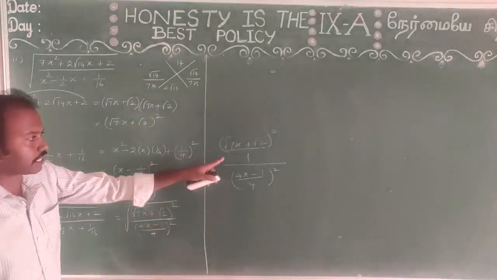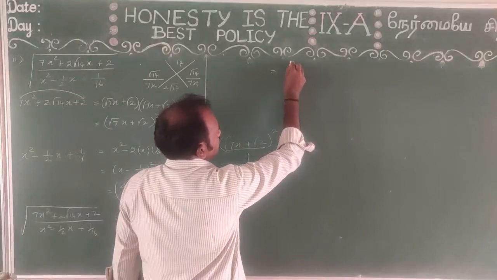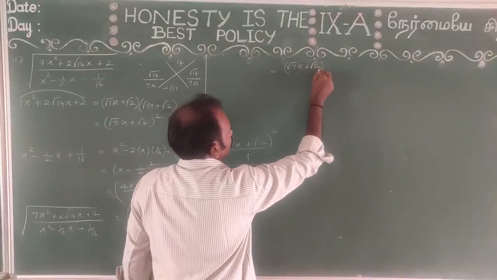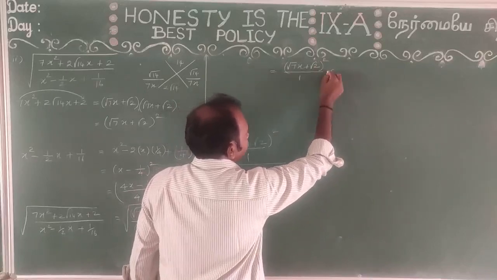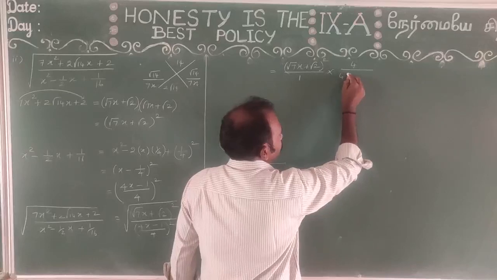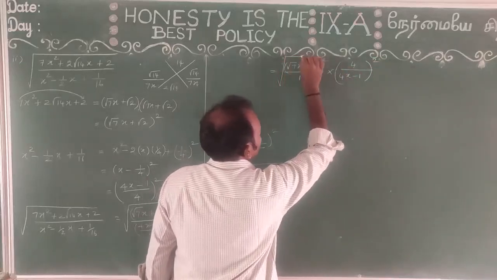Here two fractions are divided. So the first fraction, root 7x plus root 2 the whole square divided by 1, into 4x minus 4 divided by 4x minus 1 the whole square. Right.